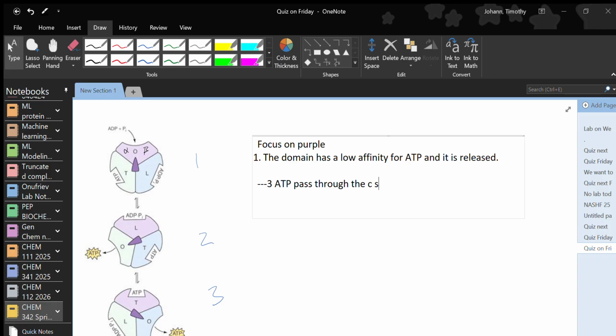I'm going to say the C subunit wheel, turning it, which turns the gamma subunit, and that causes our domains to change shape, causing all the domains.